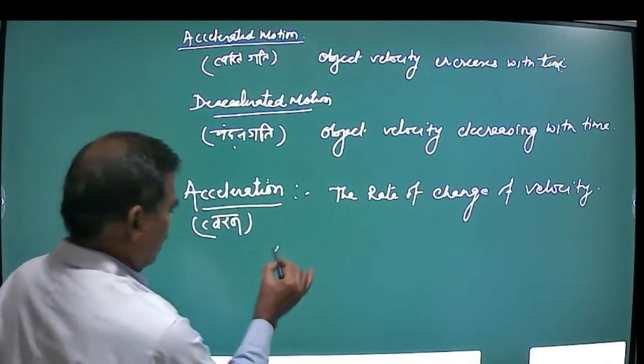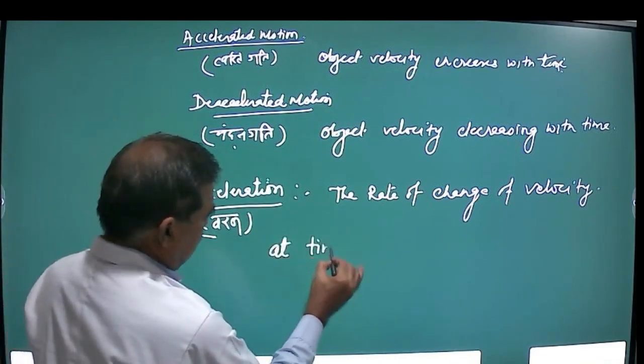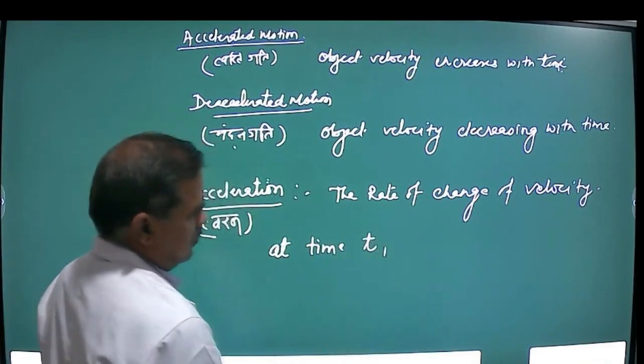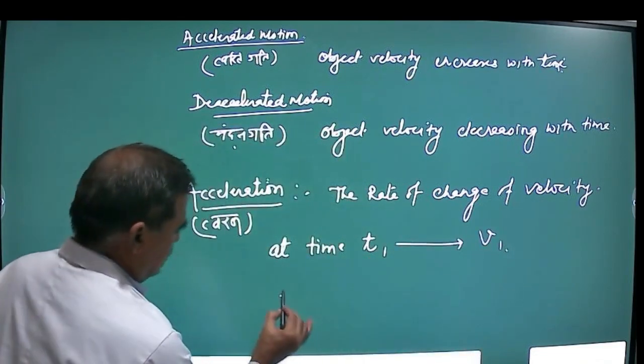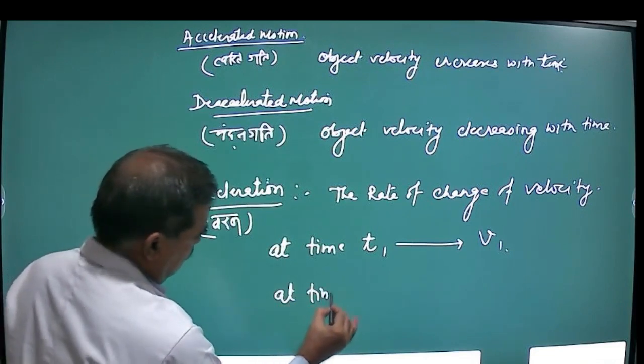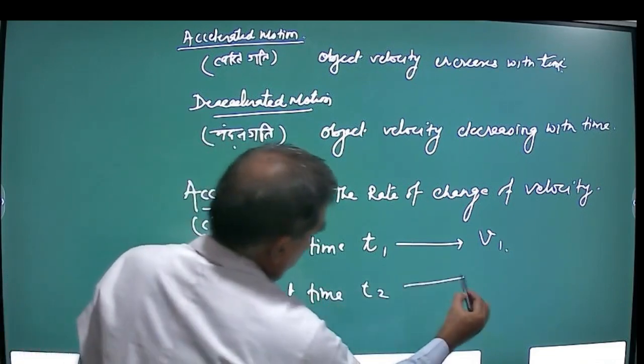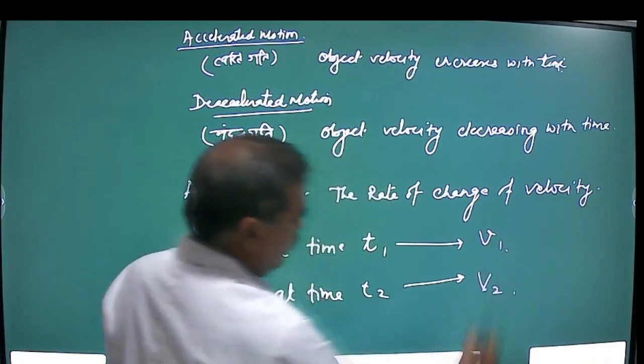Suppose at time t1 the velocity is v1, and at time t2 the velocity is v2.